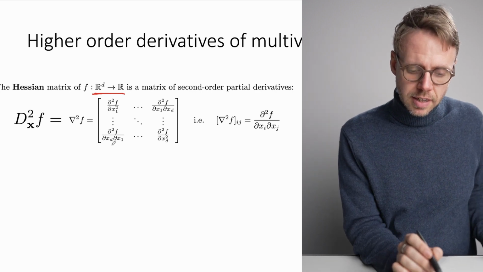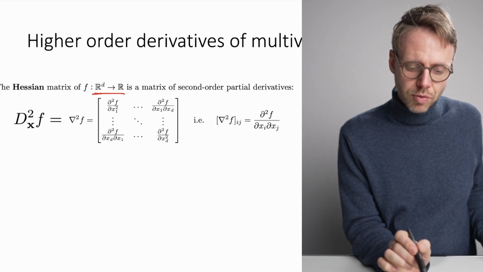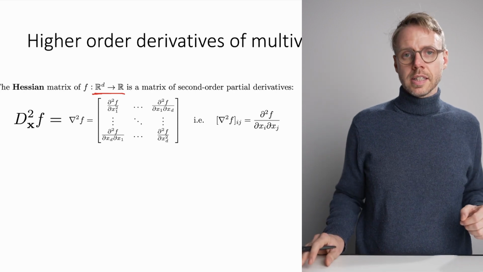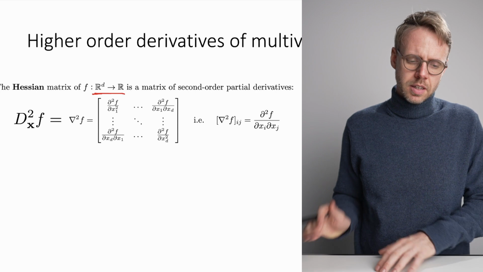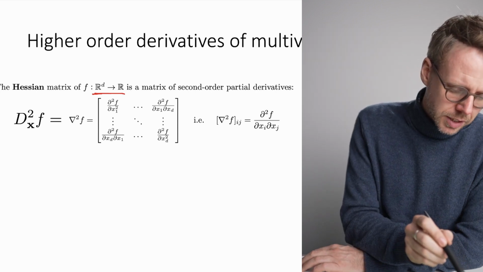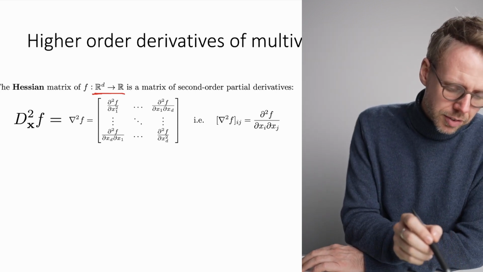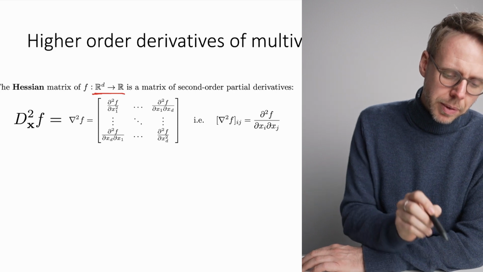It's the matrix of all the second order partial derivatives. It's denoted by d square of x of f or nabla square of f.